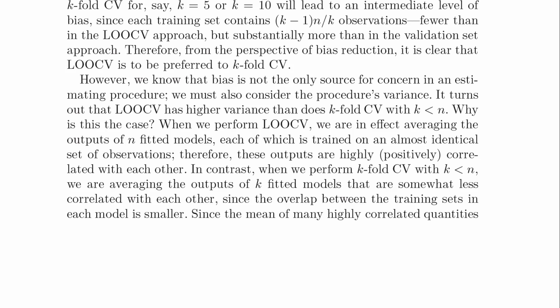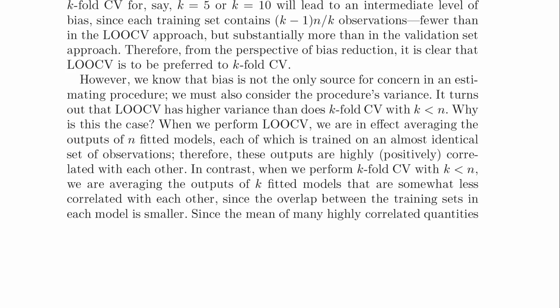In contrast, when we perform k-fold CV, where k is less than n, we are averaging the outputs of k fitted models that are somewhat less correlated with each other, since the overlap between the training sets in each model is smaller.